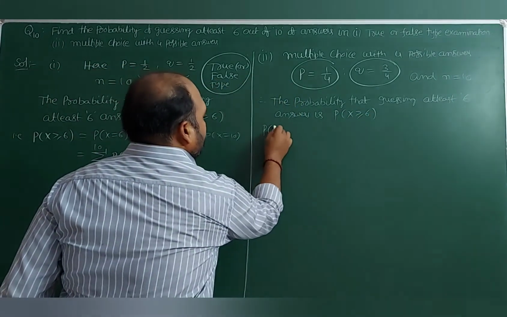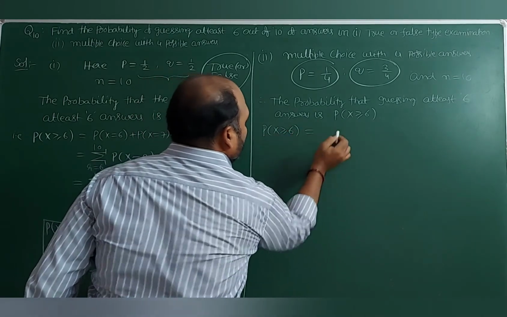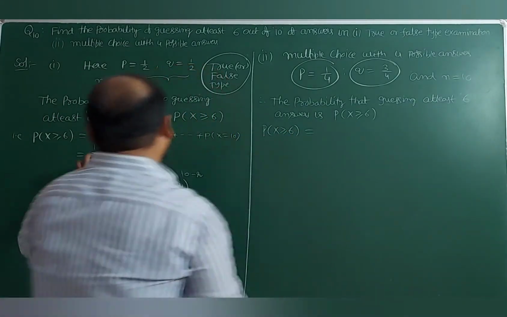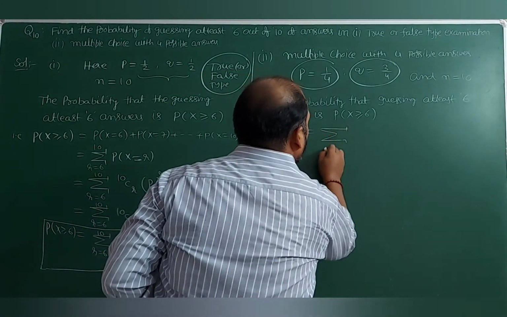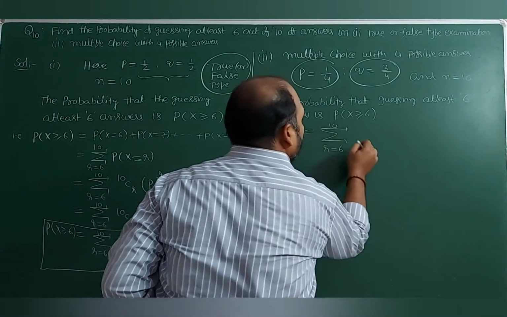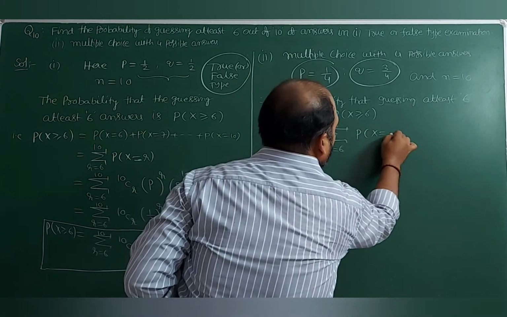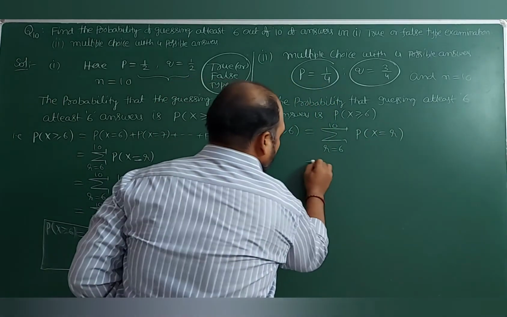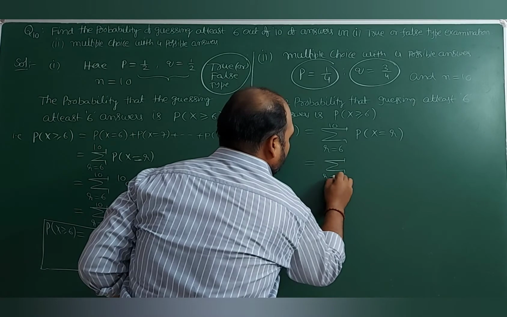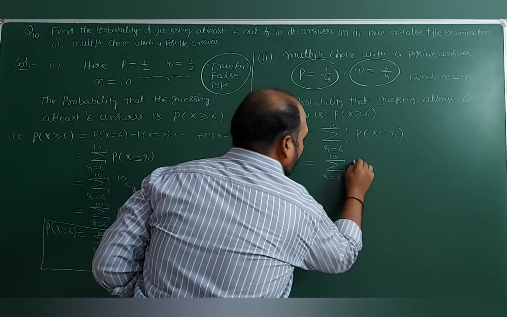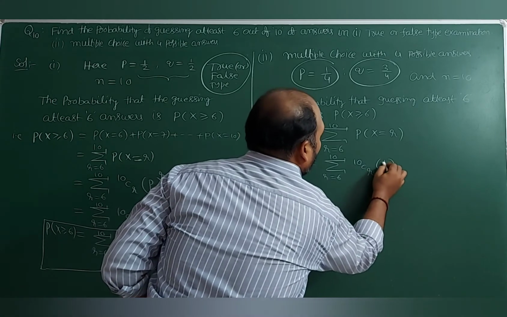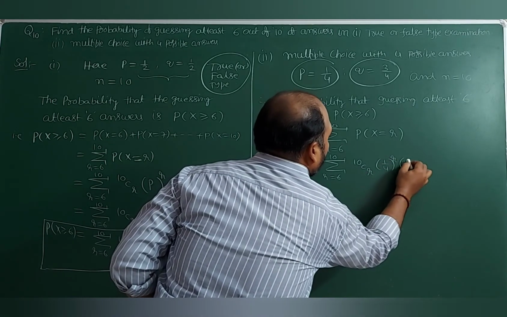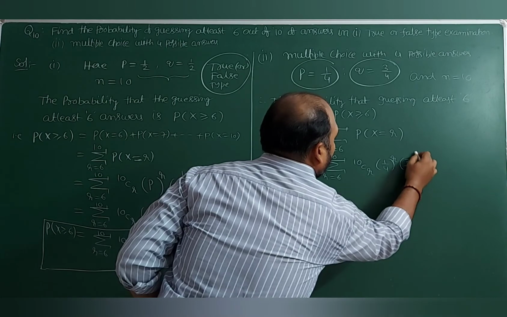So P of x is greater than or equal to 6 is equal to, directly this way we can write, instead of that, summation r is equal to 6 to 10, P of x is equal to r. Substitute the respective values: r is equal to 6 to 10, 10 C r, 1 by 4 whole power r, 3 by 4 whole power 10 minus r.